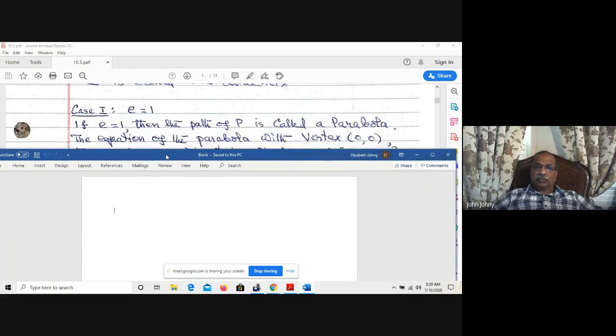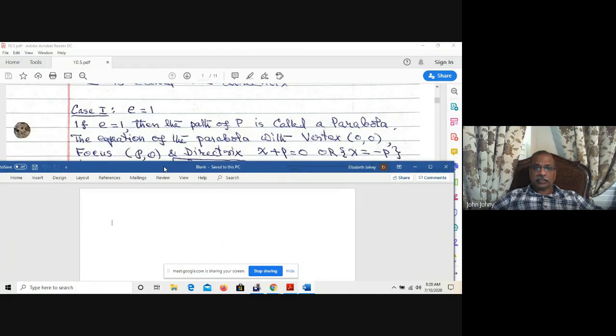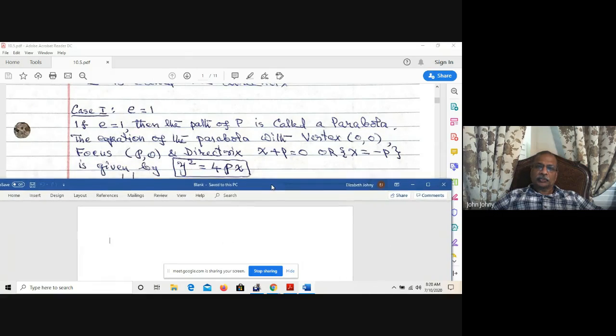The equation of a parabola with vertex 0, 0, focus p, 0, and directrix x plus p is equal to 0, or x is equal to negative p, is given by y square is equal to 4px.